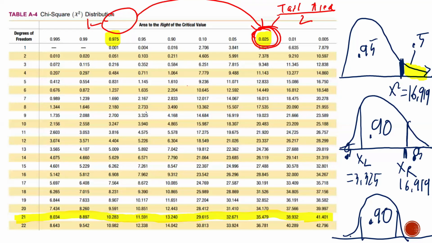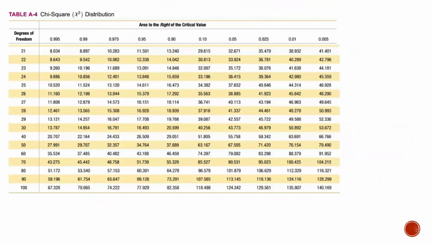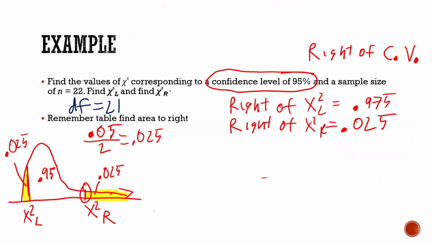The other way is, now notice, between this percentage and this percentage is 0.95, which was my confidence level. So these are my values. Let me just write them down before I forget, okay? And then I'll answer your question.